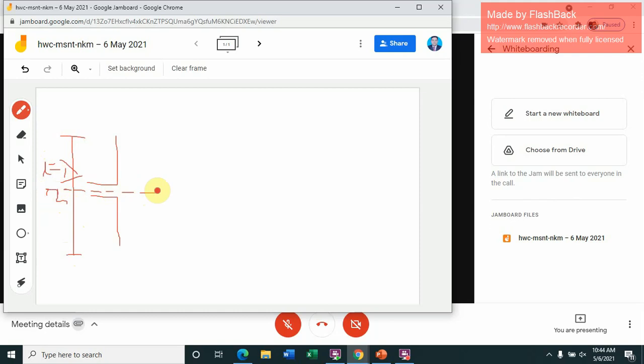At this end the voltage is maximum. This is called a dipole antenna, and di means 2, there are 2 poles. Here is the first pole and here is the second pole. That is why we call it a dipole antenna.